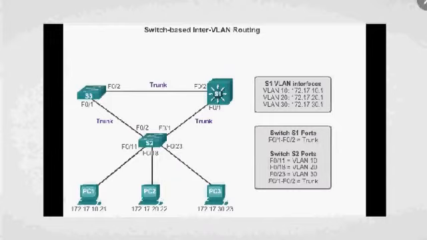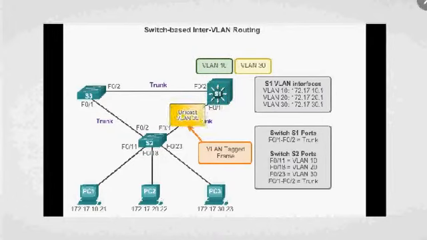The following is a video that illustrates how a multilayer switch works. You can notice that switch 1 has multiple VLAN interfaces and that the trunk port is enabled.